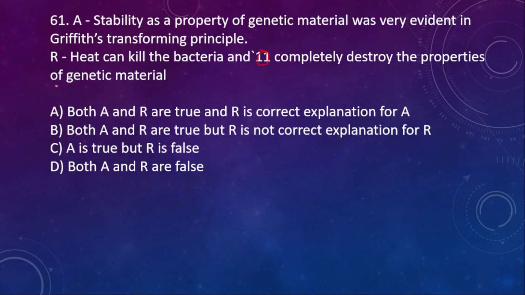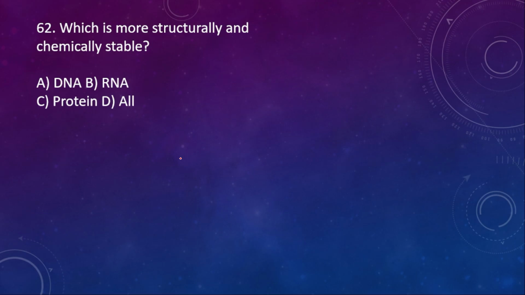It's false actually. Because while heat can indeed kill the bacteria by denaturing their proteins and disrupting the cellular process, it doesn't completely destroy the properties of genetic material. So this one is wrong. So the right option will be C, because A is true, B is false.